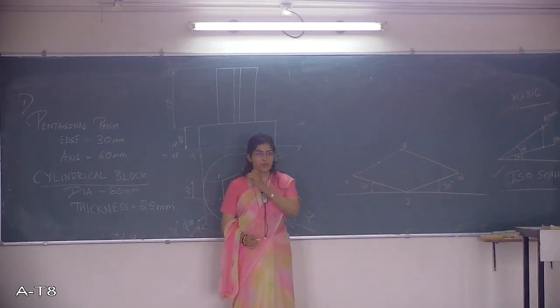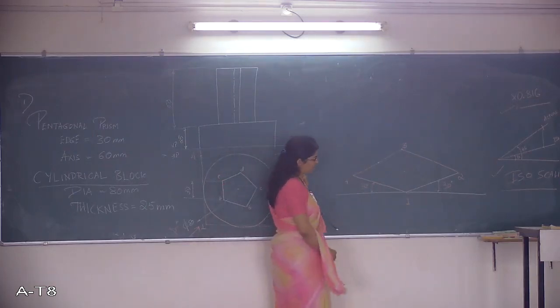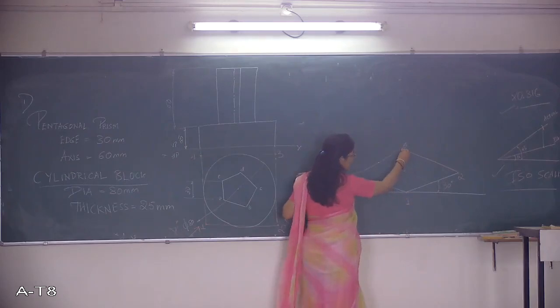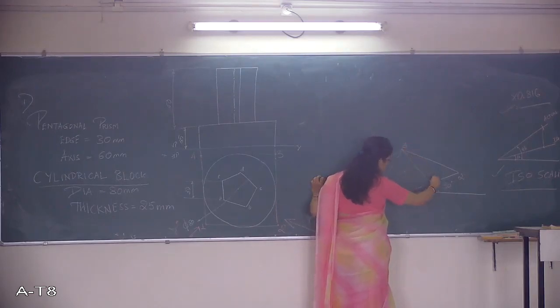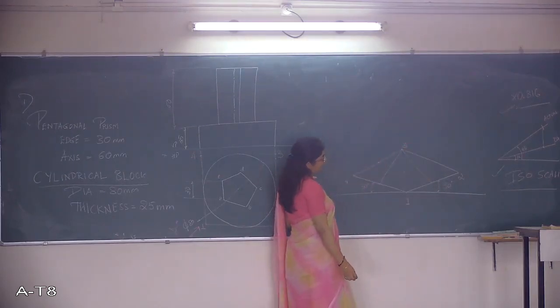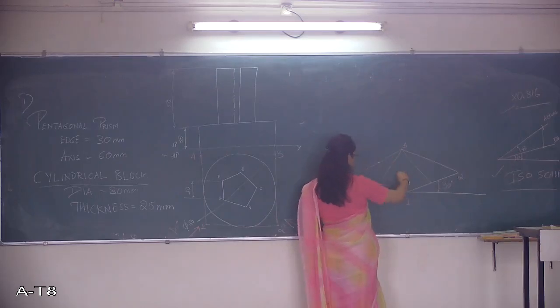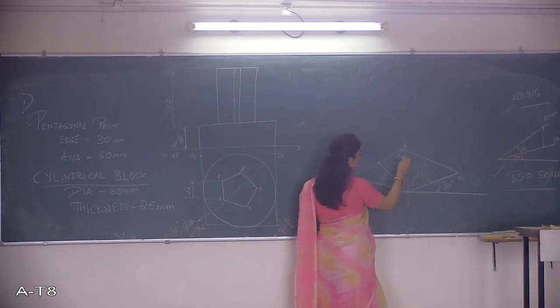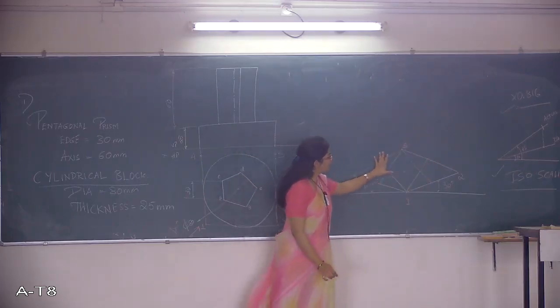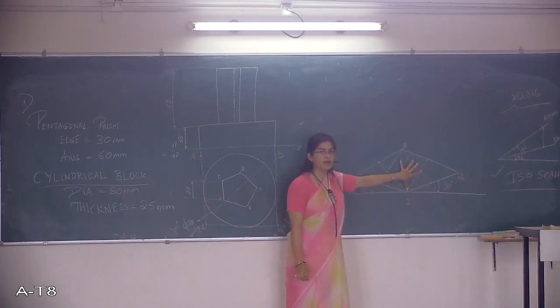Once you get this midpoint, very important step, the next step is from this end you join this midpoint. From here you join this. Likewise, from 1 you join the midpoint between 4 and 3, and from 1 again you join the midpoint between 2 and 3. So you get this construction part here.